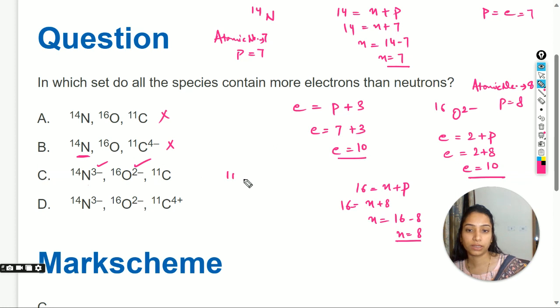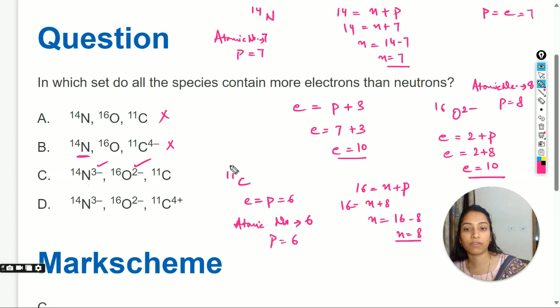Next is 11C. No charges here, which means number of electrons are equal to number of protons and atomic number of carbon is 6, which means number of protons are equal to 6 and number of electrons are equal to number of protons, so they are equal to 6.